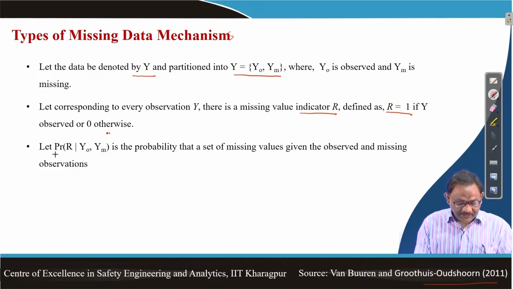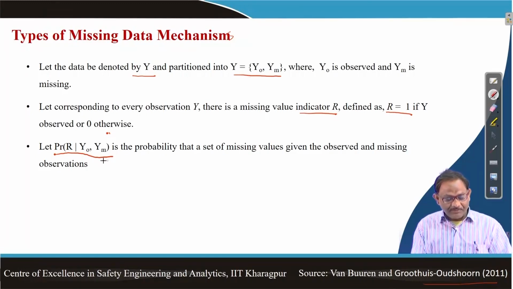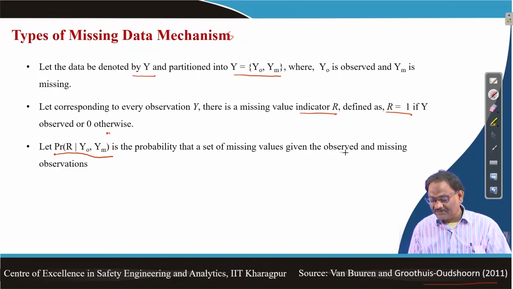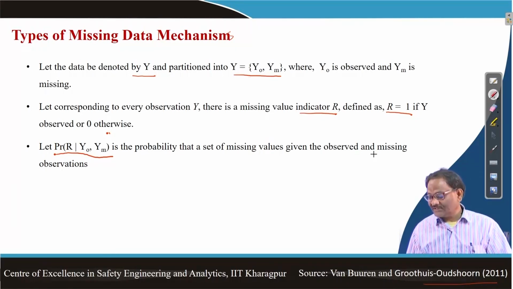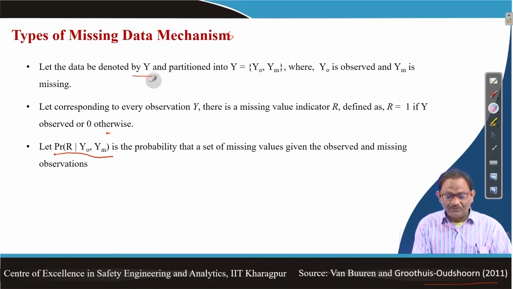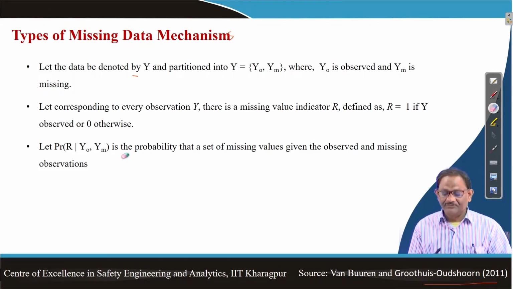Now let us denote the probability of r given y0, ym, that is P(r | y0, ym), as the probability of a set of missing values given the observed and missing observations. If you consider the data table where I showed you that in column 2 there is no missing data, but in column 3 there are 3 missing values, and in column 4 some missing values. So for any one column, suppose y, there will be two sets, the observed data and the missing data.